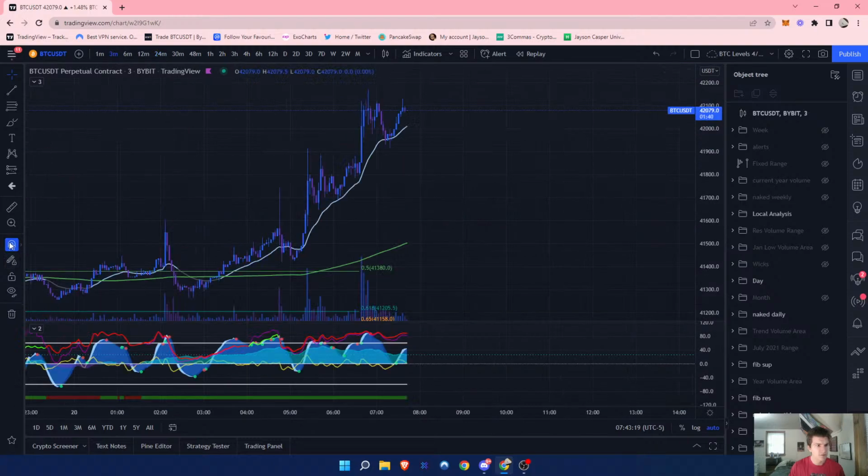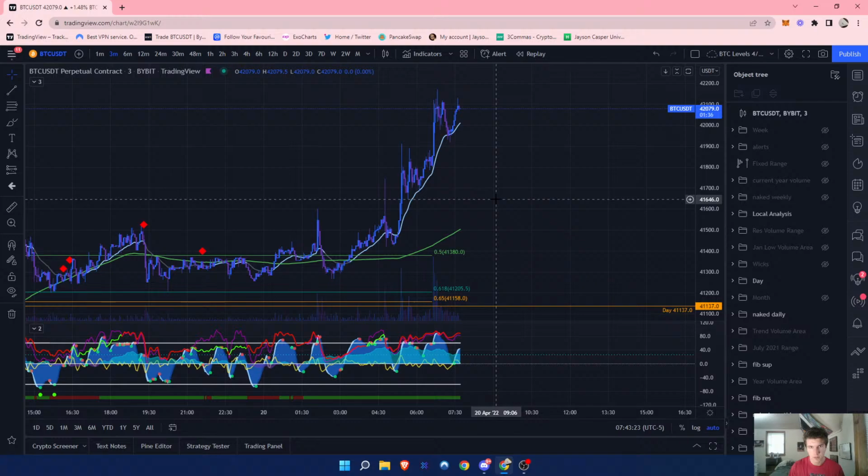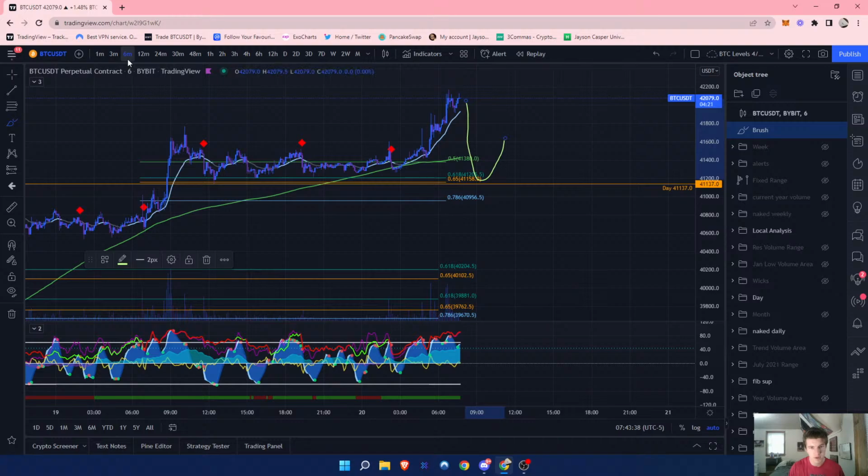And so that is the first thing I want to look at. I want to interpret and see what will happen when we come down here, if we come down here. What I'm really looking at right now is a 3-minute, or possibly a 6-minute, probably a 6-minute bullish div.